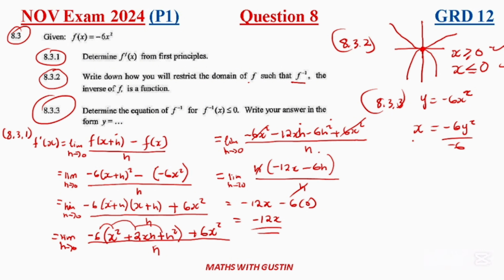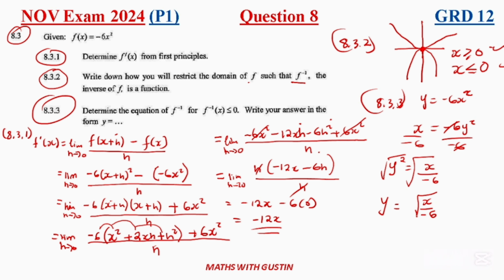So divide by negative 6; negative 6 and 6 cancel out. It's going to be x all over negative 6. Therefore you take the square root of everything, so y is going to be equal to the square root of x over negative 6.